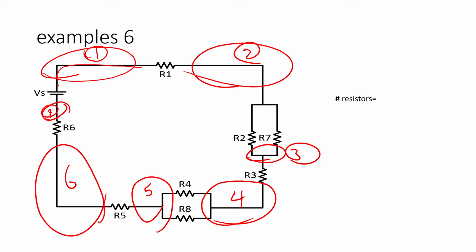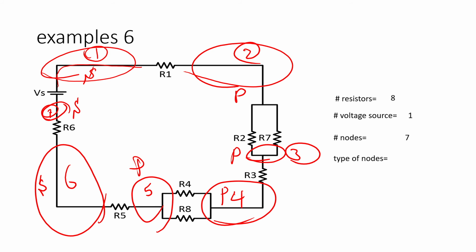This connection point connects 2, so it is S. More than 2, it is P. 3, so it is P. More than 2, P. More than 2, P. 2, S. And this one is another S. So 7 is the total number of nodes: 3 S nodes and 4 P nodes.